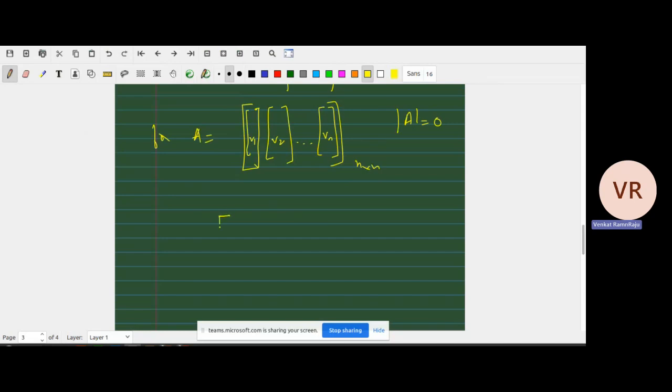So let me write an example for that. Let v1 be (1,1,3), v2 be (3,1,5), v3 be (2,2,6). You see, I deliberately took something in this fashion.